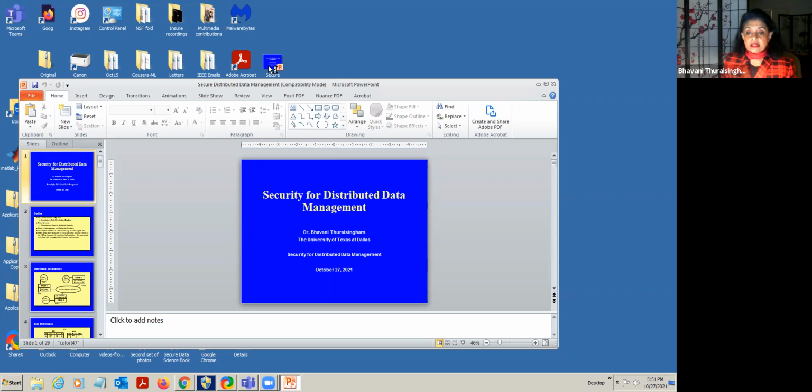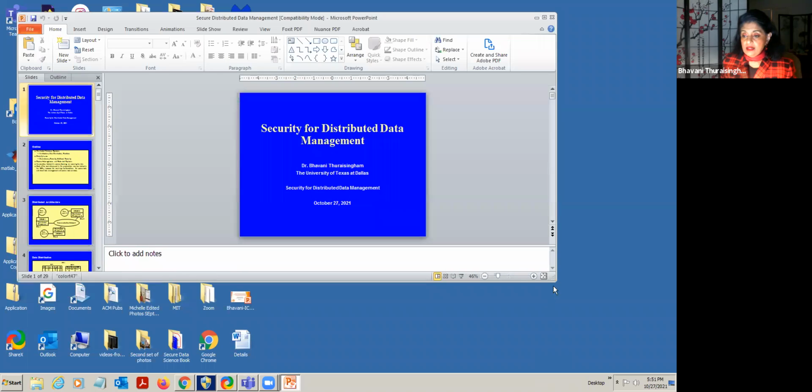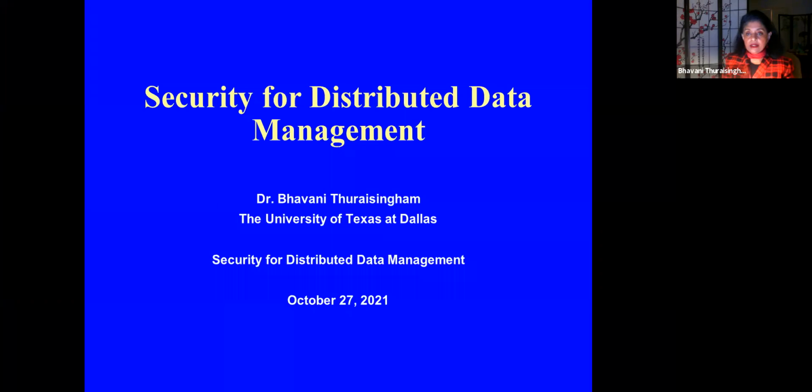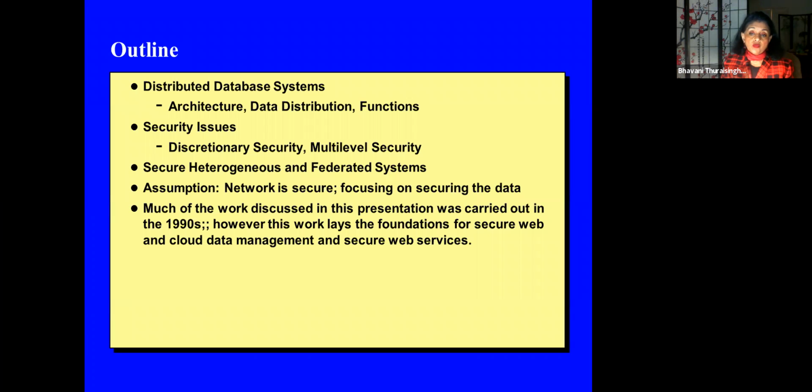Okay, so the topic today, as I said, is security for distributed data management. First I'll talk about distributed database systems, in particular the architecture, data distribution, and functions.